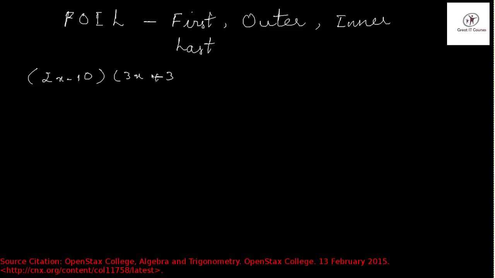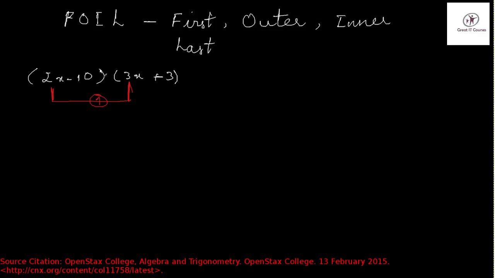Now first you need to do the first terms. So the first terms would be this term and this term, so you multiply these two together. So this is step 1. Step 2 is outer.